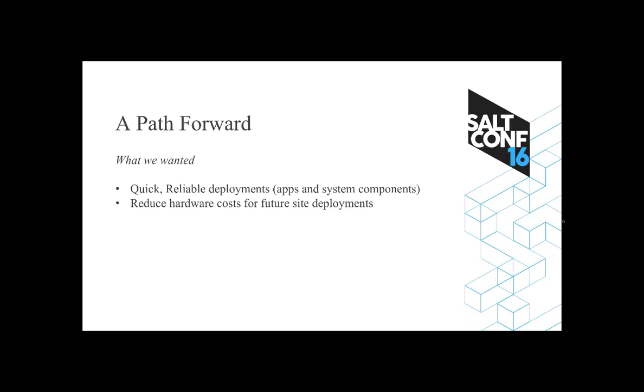We also wanted to reduce the hardware costs. So by being able to use Salt to deploy applications that allow us to leverage the servers in a more efficient manner, implementing MariaDB instead of an older version of MySQL, configuring MariaDB to take advantage of additional caches, configuring Varnish to allow us to offload more to the cache rather than traffic into the individual Apache servers for each site, we really wanted to see how we could reduce hardware costs.